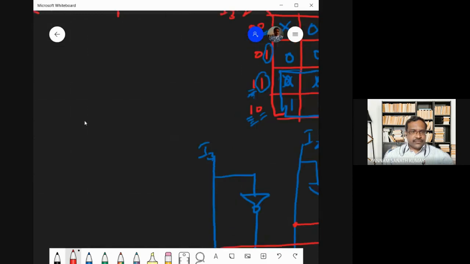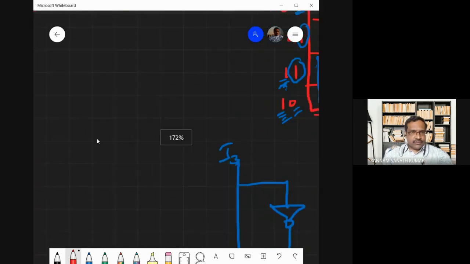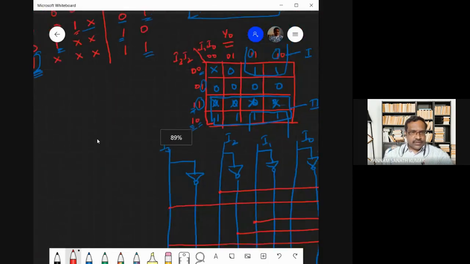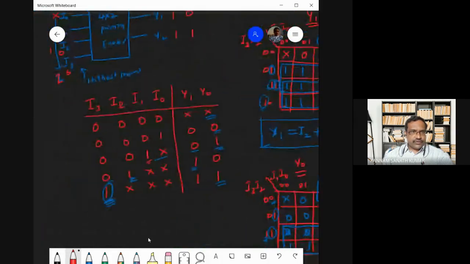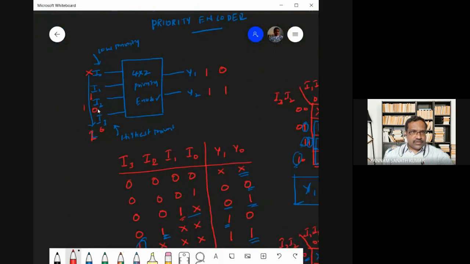Whatever concept I told you during the truth table, you can write with your own words. Like you have four inputs and two outputs. So if you take an example, I3 has the highest priority. Whatever I explained, you can write in the theory part. Okay, you can refer to that.